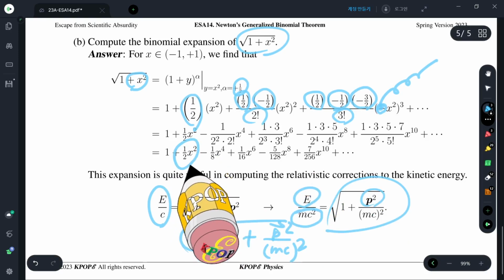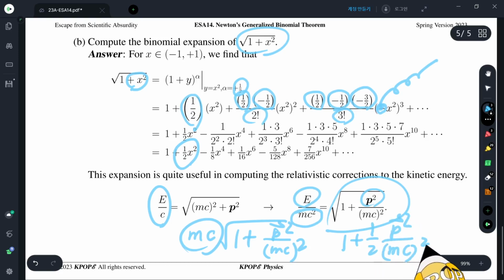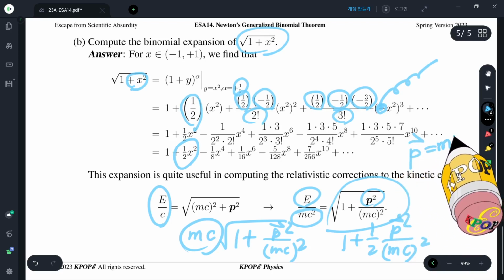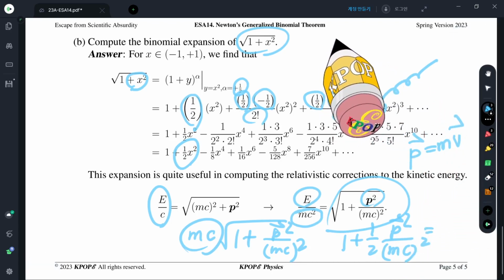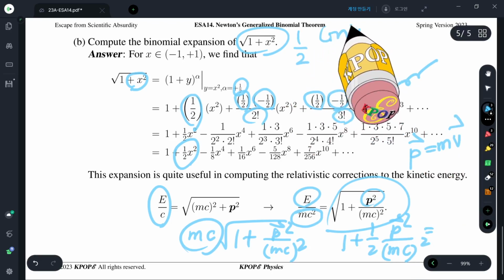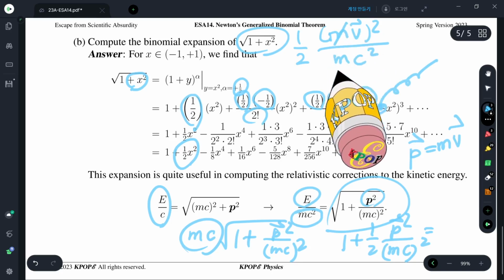And what about the first term? The first term is 1 plus 1/2 p squared over mc squared. If it is very slow, p is m times the velocity. Substitute, then 1/2 p squared over m squared c squared is m squared v squared divided by m squared c squared.